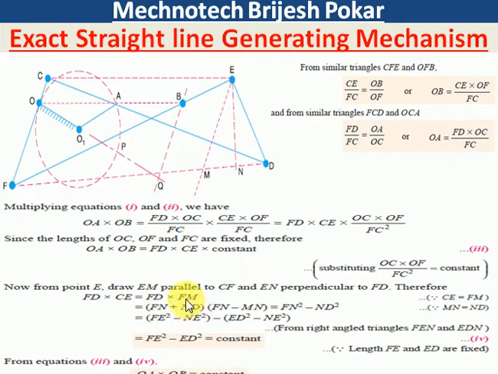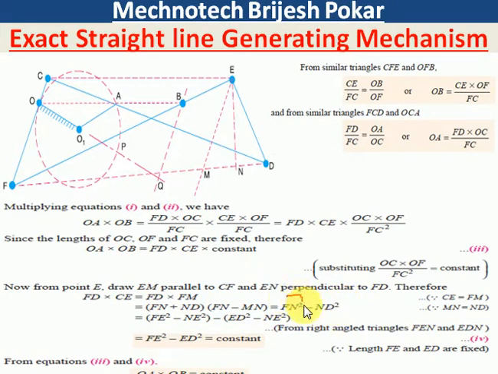Same way, by using the figure, FM is equal to FN minus MN. By using this figure, we can say FM is equal to FN minus MN. I hope you understand it. It is very easy, right? So multiplying these two, we get FN square minus ND square.